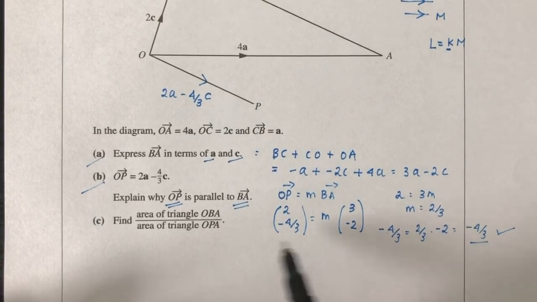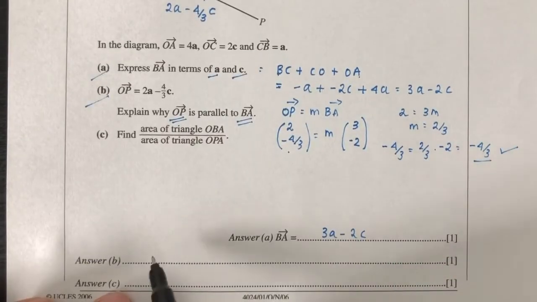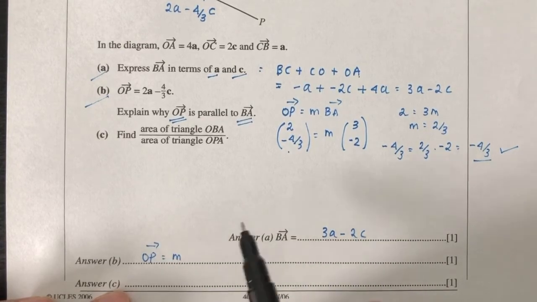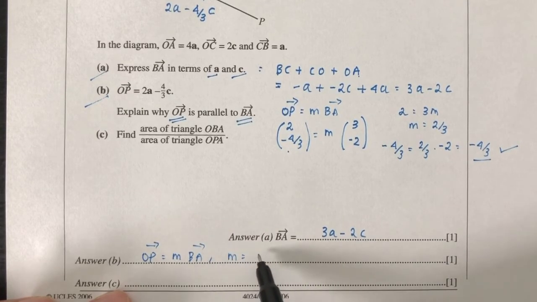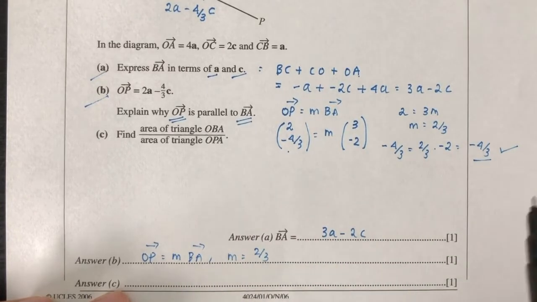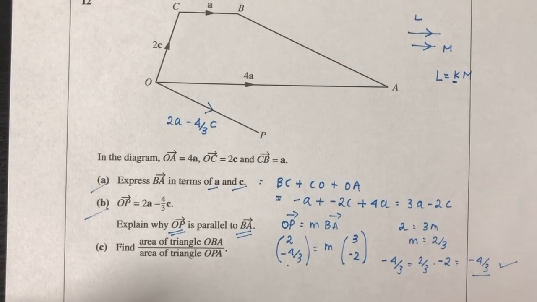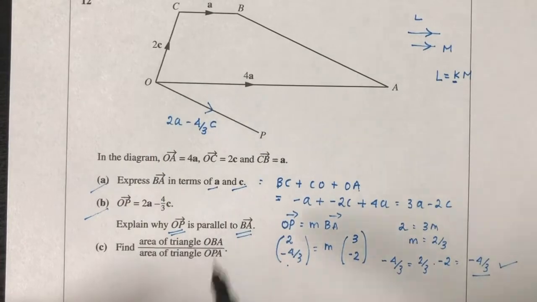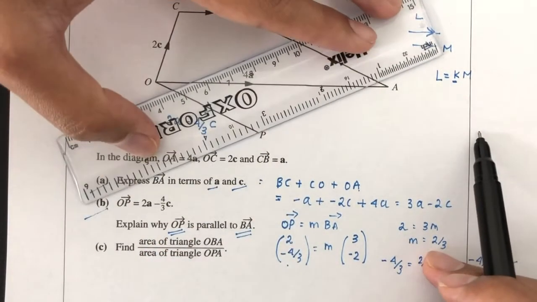So it is good as the value of M. So we have shown that OP equals M, which is a constant, times BA, where M equals 2 over 3. So this is how you show it is parallel. Now for part C, we have to find the area of OBA and the area of OPA.